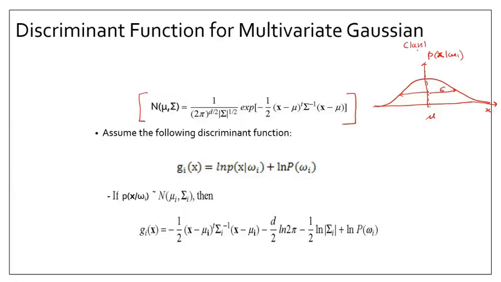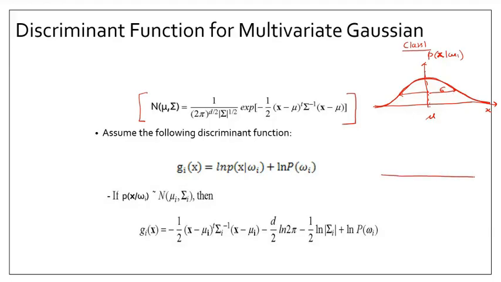What I did is I collected all the samples which belong to omega 1, then I found their mean value, then their standard deviation, or I can say variance. So that is the graph for omega 1, just for class 1. I can repeat the procedure.